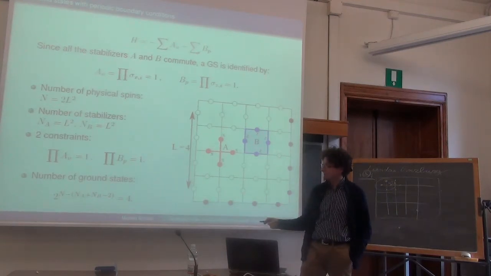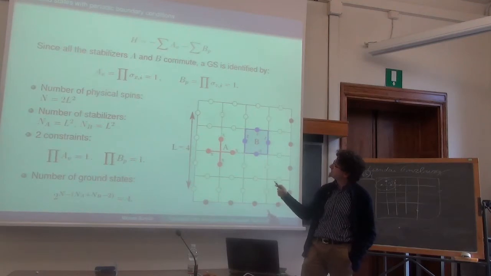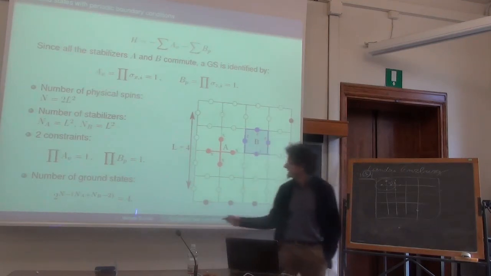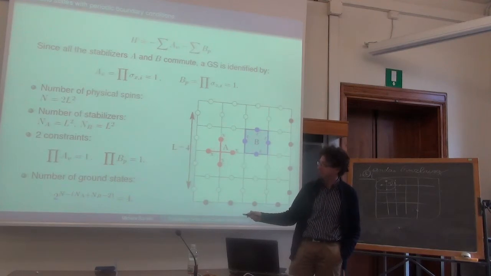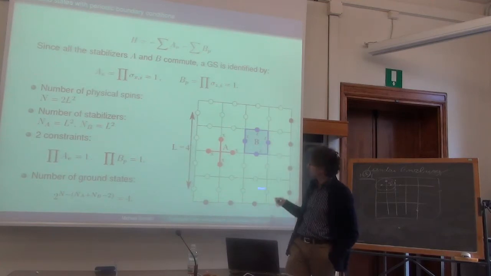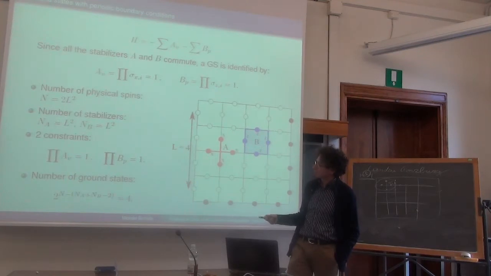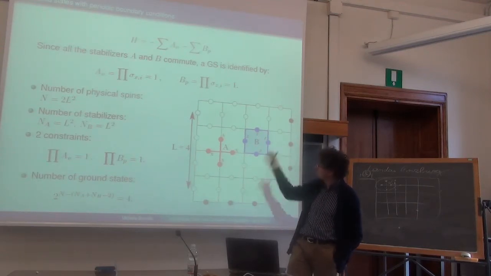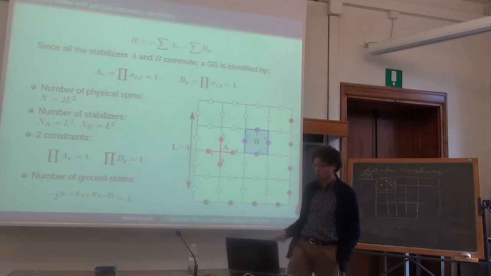So if you count the number of ground states which satisfy these constraints, you obtain that the number of ground states is 4, because you have 2 to the n, the dimension of the Hilbert space for this system, where n is the number of total spins, minus the number of constraints that I'm fixing by requiring the minimization of the energy, but there is also this dependency of the constraints. And so you obtain that there are 4 states which satisfy the minimization of the energy.